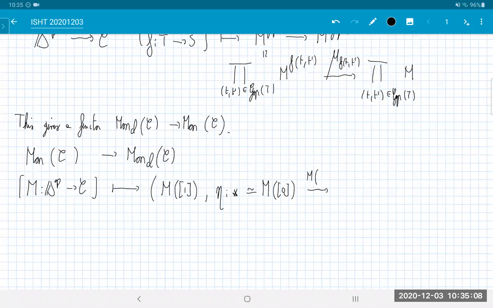And then M of, let me call it G0, which is perhaps a bad name. By G0, I mean the unique map from 1 to 0.